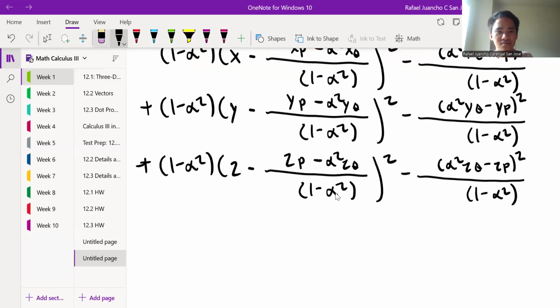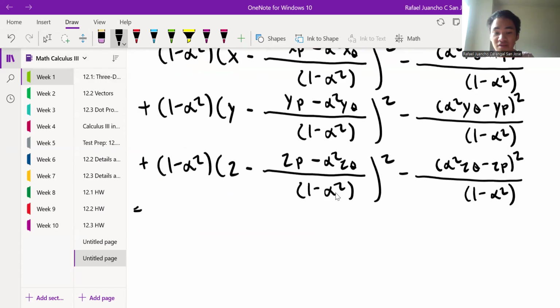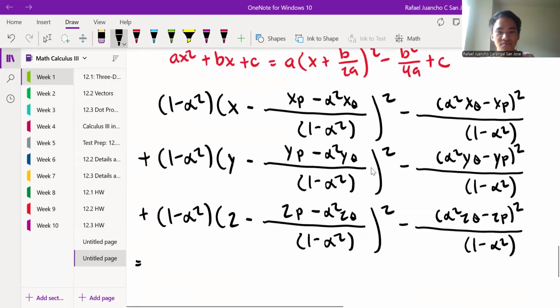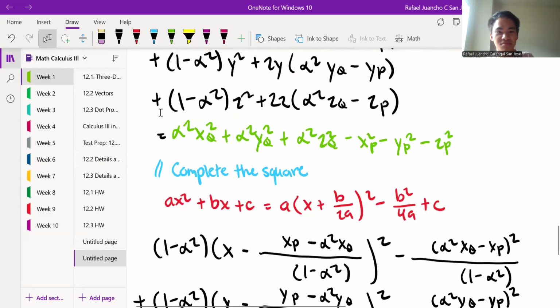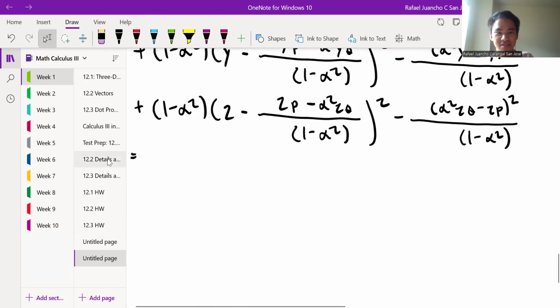And then we will now equate this to, well, this thing right here. So we're just gonna copy paste this, which is basically some number, because those are all constants.